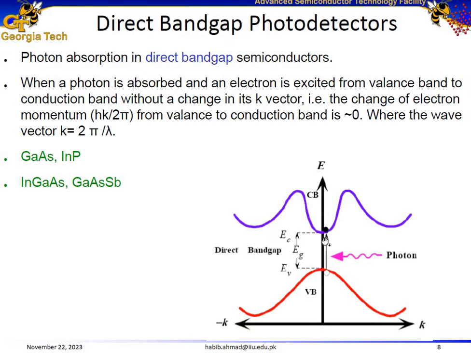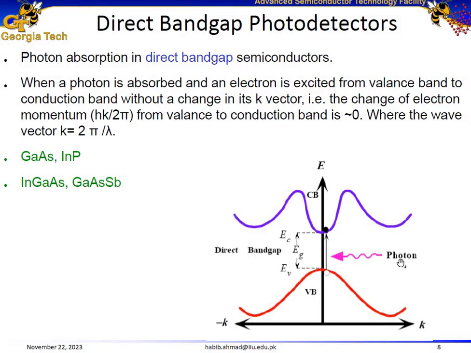And we can see in this E-K diagram that the minimum of the conduction band for this semiconductor is aligned with the maximum of the valence band. And when this case occurs, we call it a direct band gap semiconductor. By direct band gap semiconductors, the minimum of conduction band is aligned with the maximum of the valence band.